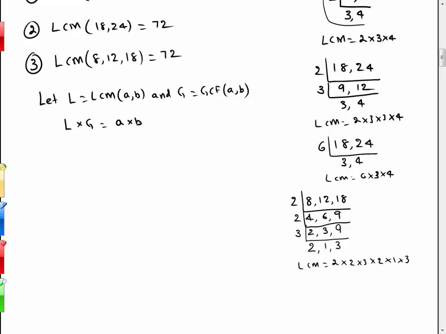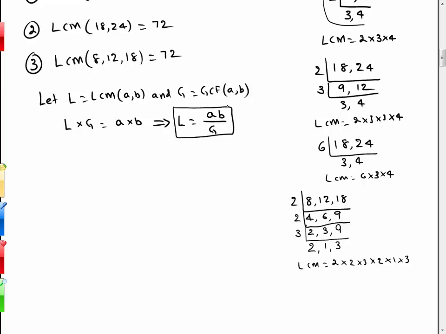The product of the LCM and the GCF of two numbers must be equal to the product of the numbers itself. So according to this, this implies L must be AB over G. So the LCM of two numbers A and B must be AB over G.